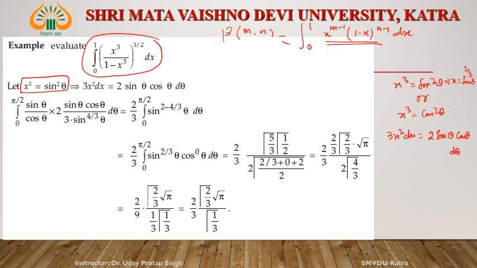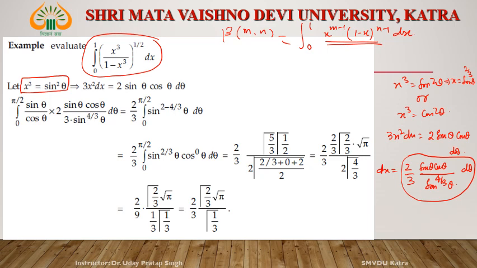Then what is this one? dx is equal to 2 by 3 sine theta cos theta d theta divided by x square. What is x square? x is equal to this, so x square is sine to the power 4 by 3 theta. This term is dx.